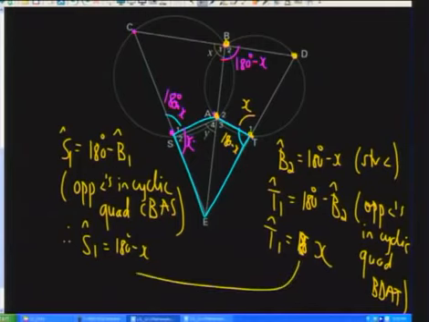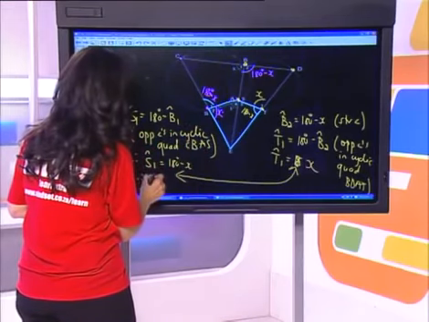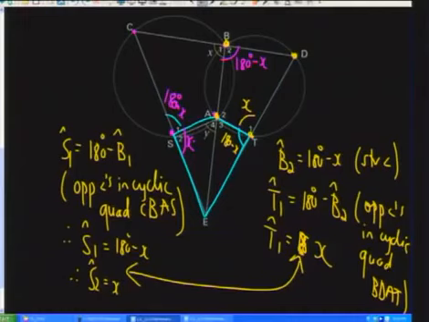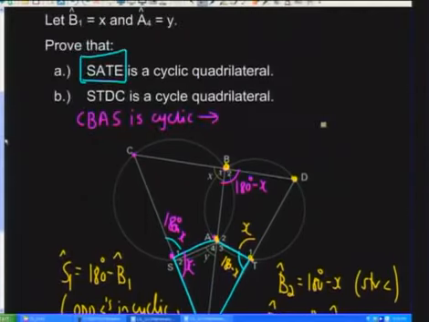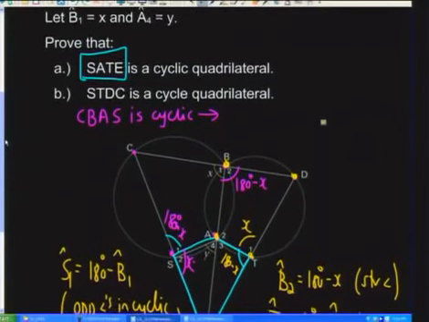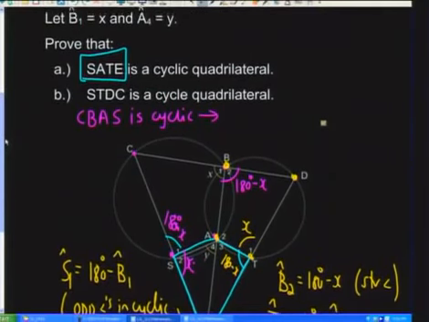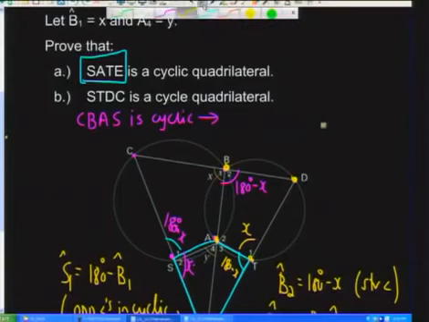And looking at T1 and S2, we can then say that S2 is equal to x, these would be the same, and therefore that blue shape is a cyclic quad. And I'll leave you to work on why STDC is a cyclic quadrilateral. Okay.